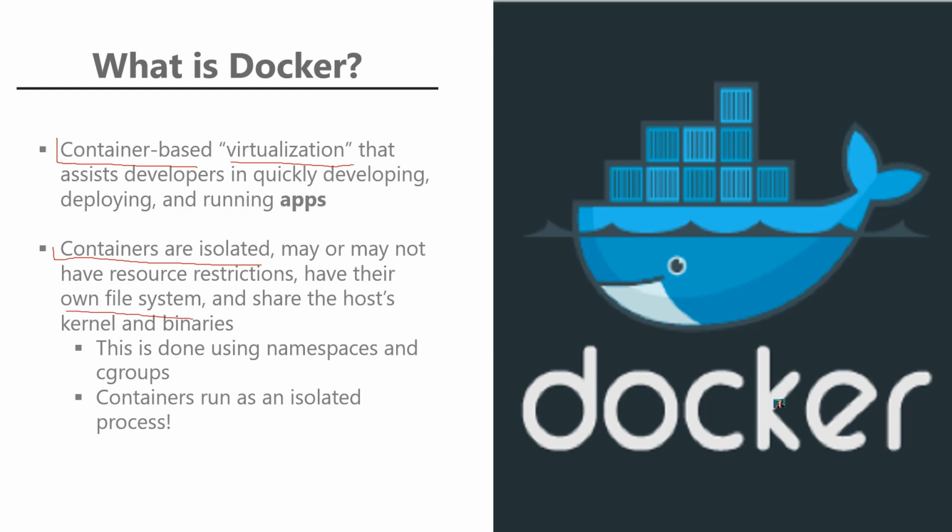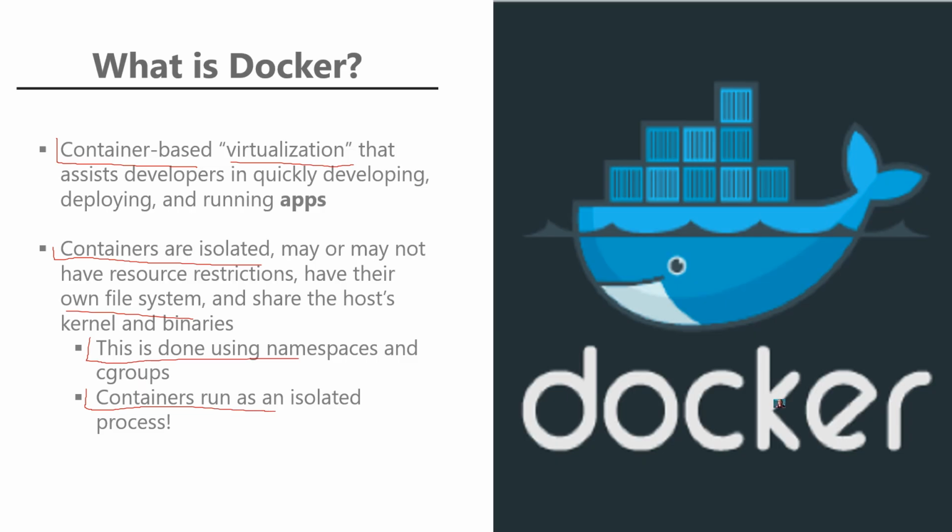This is common for all containers, but Docker also just follows the standard. This is done using namespaces and C groups. If you're familiar with Linux file systems, we'll look into that later. And containers run as an isolated process.